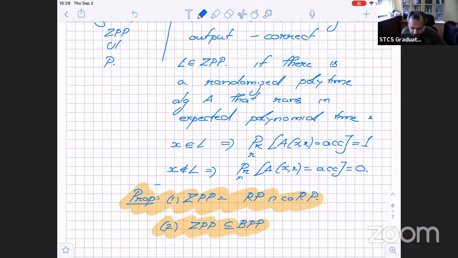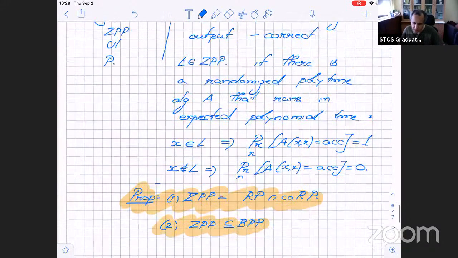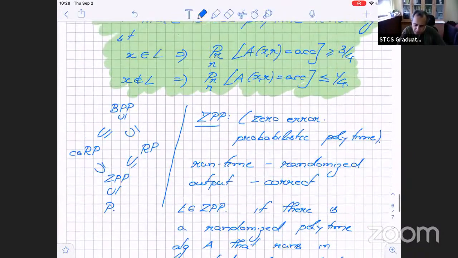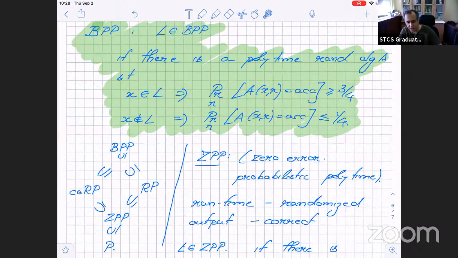So I have about half an hour more, which we'll spend on BPP. We talked about the error bound of 3/4 and 1/4. The question is, can we reduce this error? The error was 1/4 in either case. Whether we can get this error down.